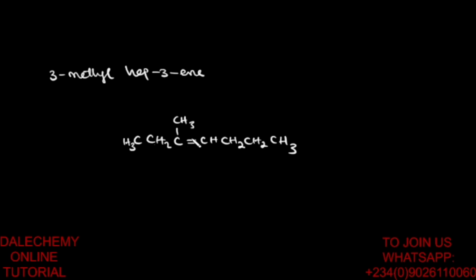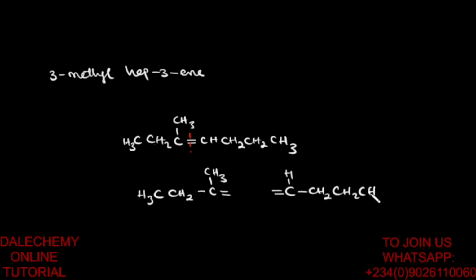So all you have to do is to break the double bond, and if you do that, you're going to have H3C, CH2, CH3, double bond, CH, this fragment, CH2, CH3. Then put the oxygen.